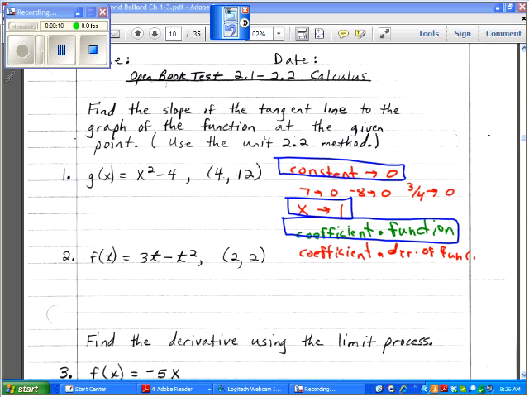And then our exponent rule: let's say we had 3x to the 4th, you're going to multiply the exponent times the coefficient and reduce your exponent by 1.